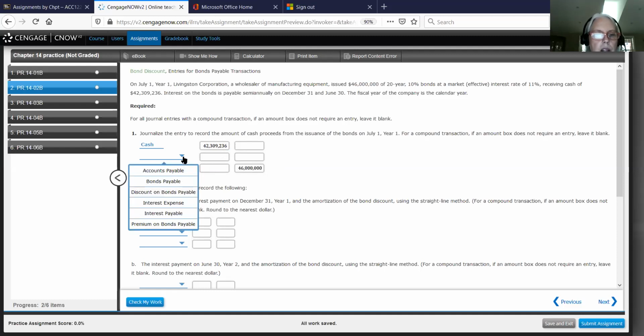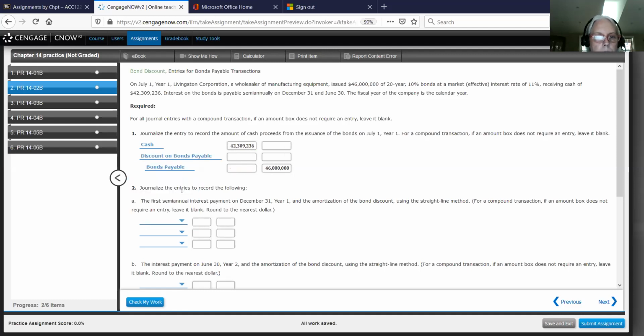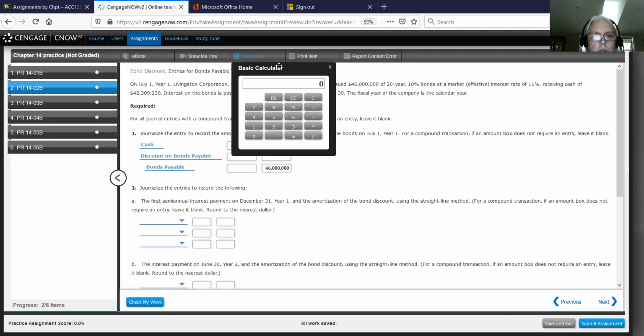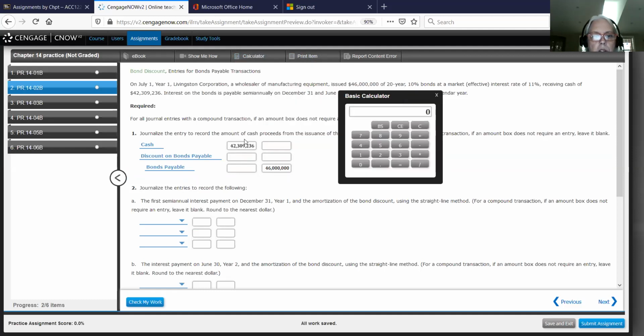So the account that I would need to debit is the discount on bonds payable. The difference between these two is the amount that I would debit to my discount on bonds payable.